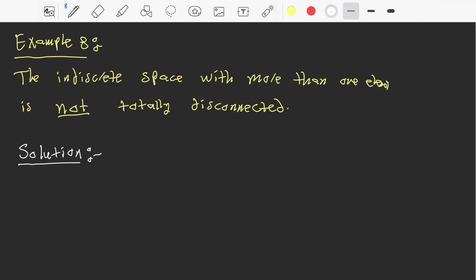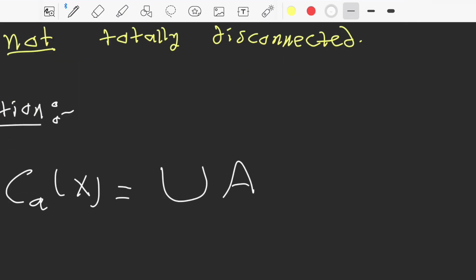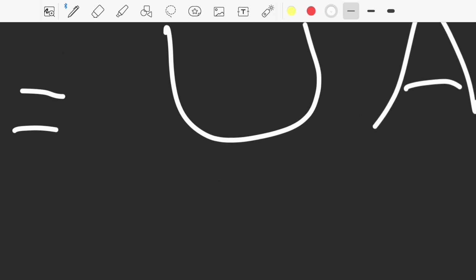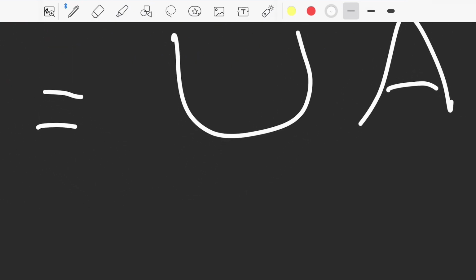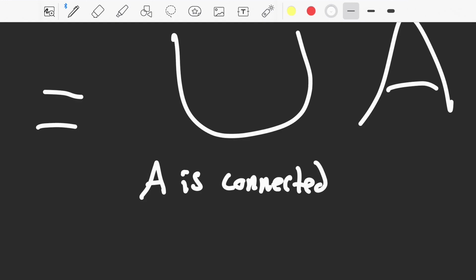Well, for that, I want to explore the connected component of A. Now, if we explore the connected component of A, this should be the union of all sets where A is connected, and A is in the set.